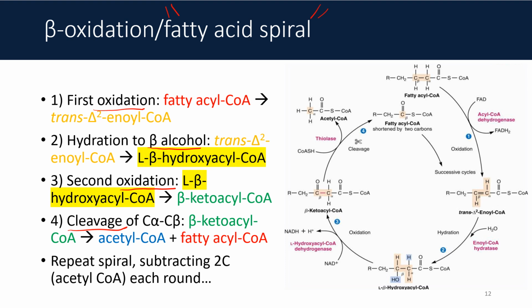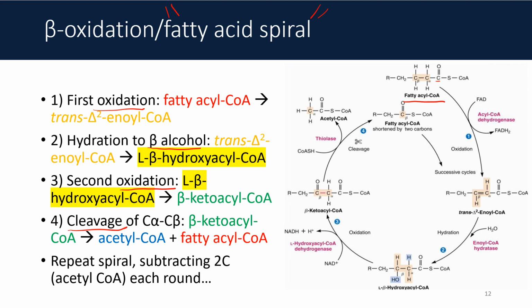We are going to take our activated fatty acid, which is a fatty acyl CoA, and we are going to digest it down via 2 carbon increments with each repeat of these 4 enzyme catalyzed steps. And the way we do that is by oxidizing the so-called beta position, hence beta oxidation.